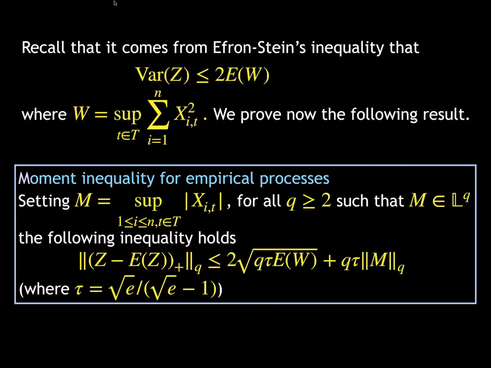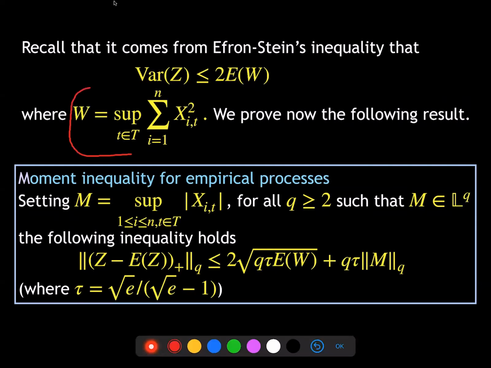So it's a concentration at order q in some sense. At the second order, we already know that the variance is less than 2 times the expectation of W, where W is this quantity here, the sup of the sum of the squares. And what we want to prove now is an explicit moment inequality, which involves the expectation of W, this is not a surprise, and which also involves a quantity which is the Lq norm of the sup of those variables.